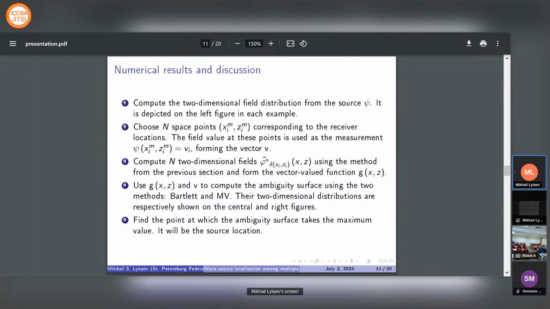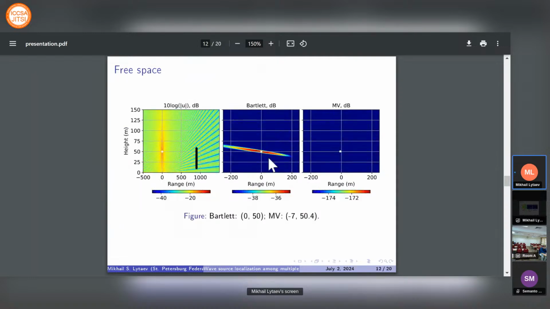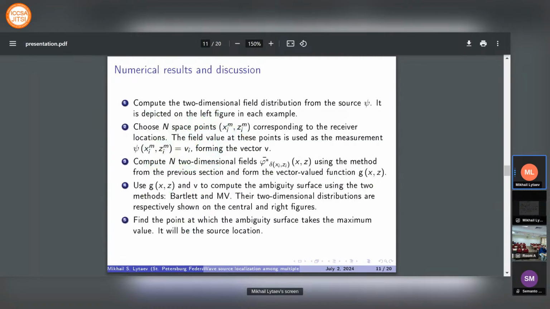The two-dimensional distributions are shown on the central and right figures. We can see them. And finally, we find the point with the maximum value, and this point will be the location of the source determined by the method.